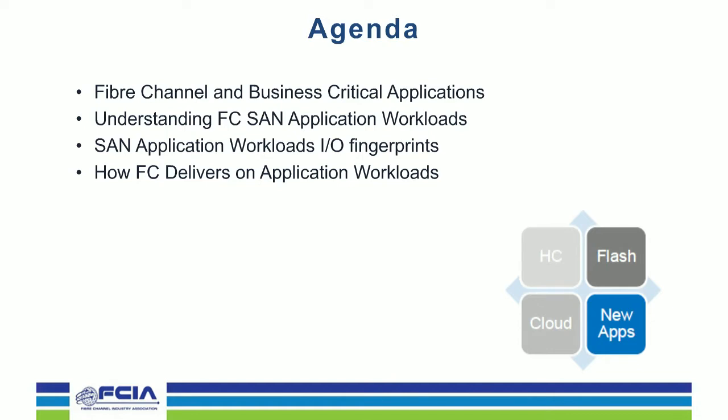Then Barry will come in after I finish to go deeper into the Fibre Channel stack and talk about the various technologies within Fibre Channel, whether it's buffer-to-buffer credits, virtual machine identifiers, analytics, to see how all of that package comes together to deliver the transport that business critical applications require to access their storage.